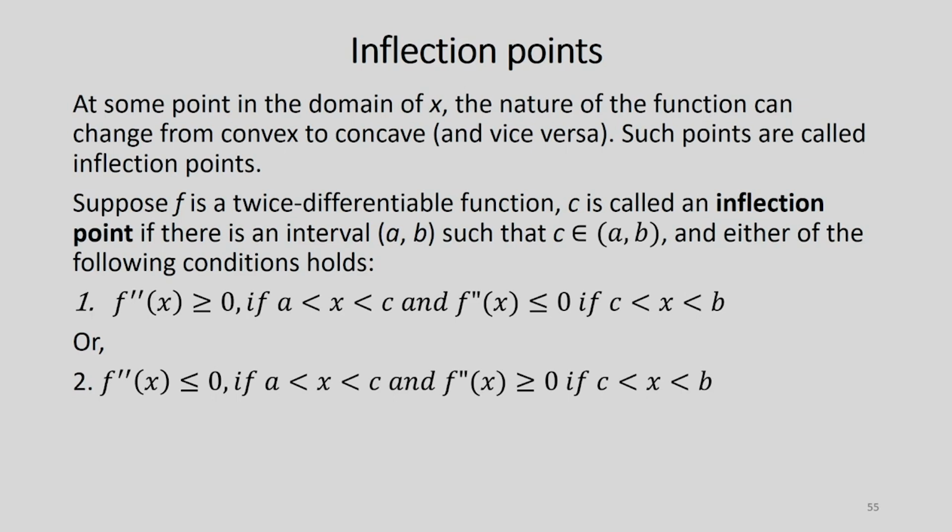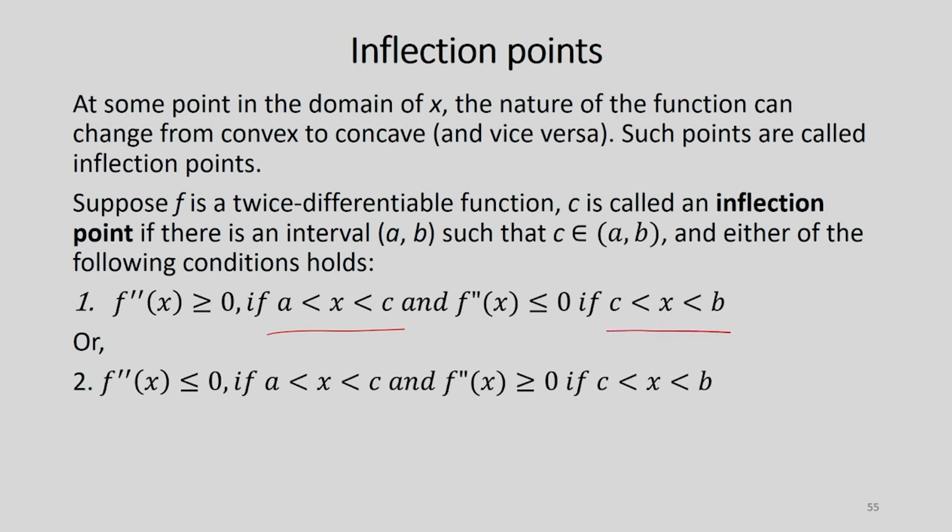Number 1, f double dashed of x is greater than or equal to 0 for x lying between c and a, and f double dashed of x is less than or equal to 0 for x lying between c and b.